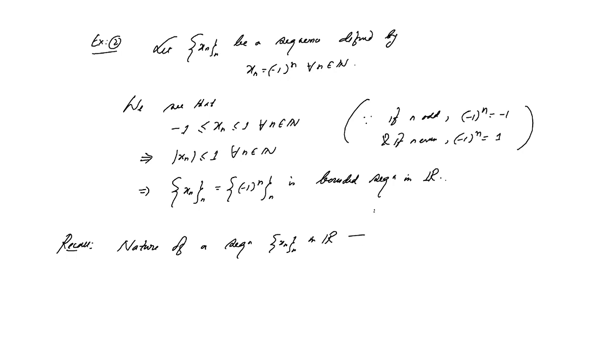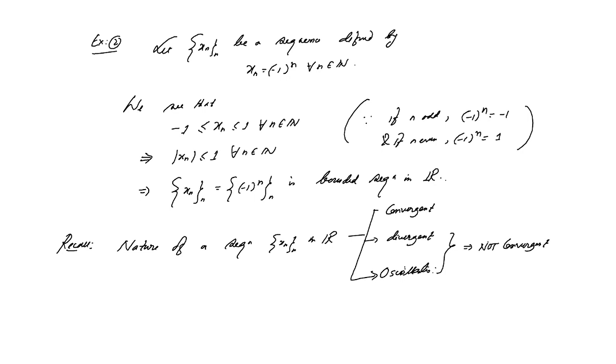Under the nature of the sequence, we can say the sequence may be convergent, or the sequence may be divergent, or the sequence may oscillate. Divergent and oscillating all together we will call the not convergent case. So if you are given a sequence xn in R, that sequence may be convergent or may be not convergent. This should be the nature of the sequence.